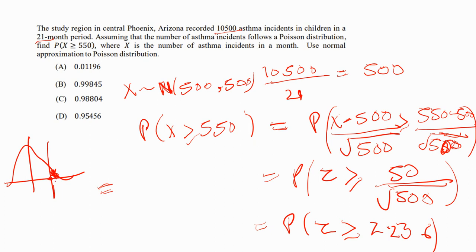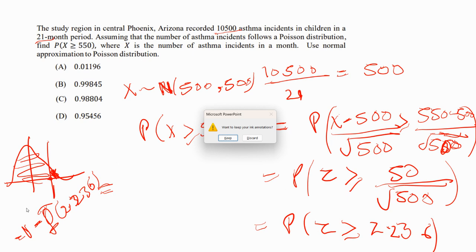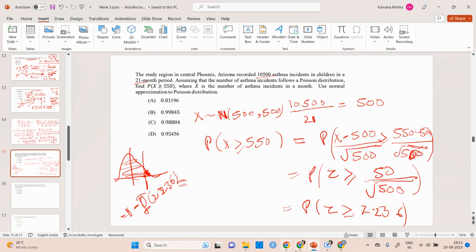So for 2.236, what we have here is phi of 2.236, the region up to this. If we subtract it from 1, because 1 is the total area, then we will have this value. So 1 minus phi of 2.236 will be the value. Now we will go to the table.